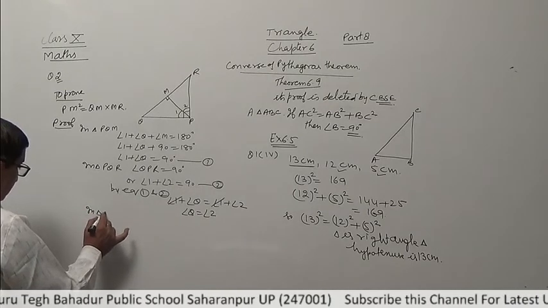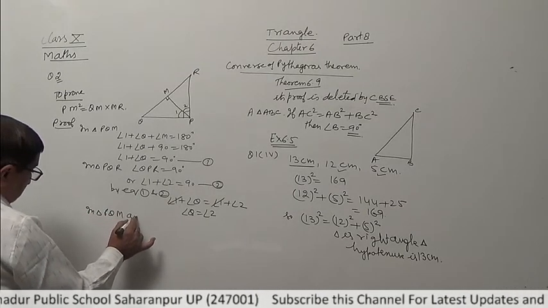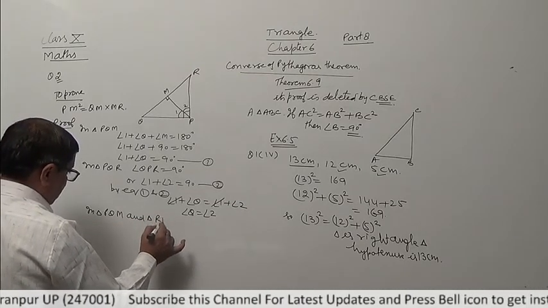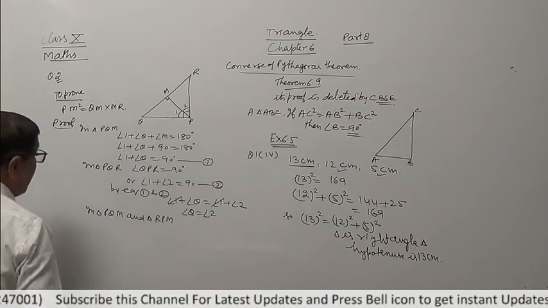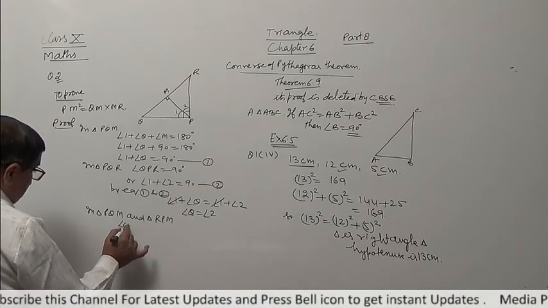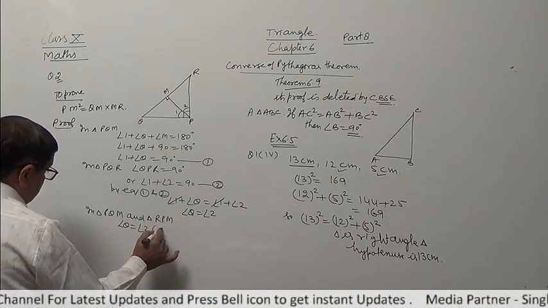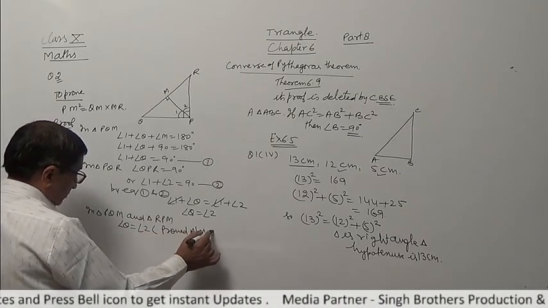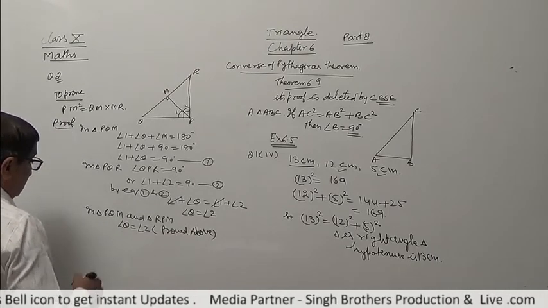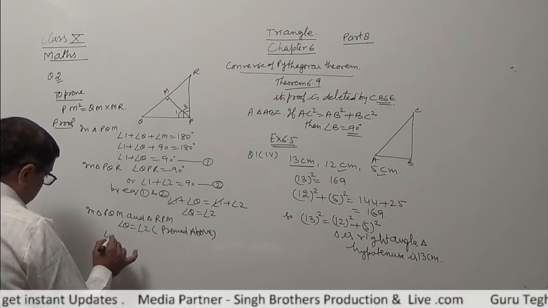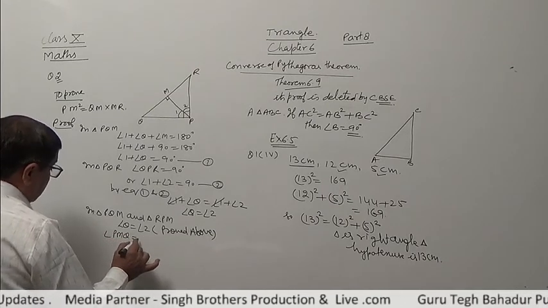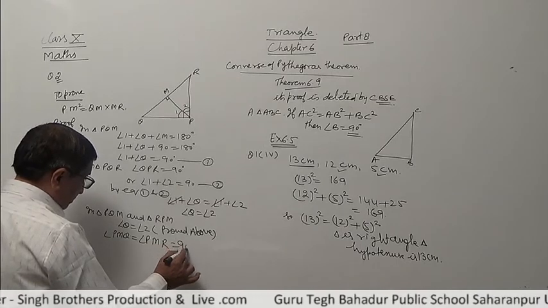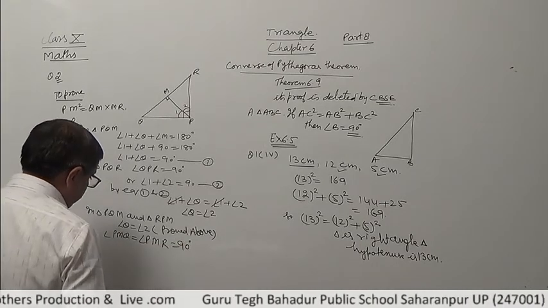In triangle PQM and triangle RPM, angle Q is equal to angle 2, proved above, and angle PMQ is equal to angle PMR is equal to 90 degree.